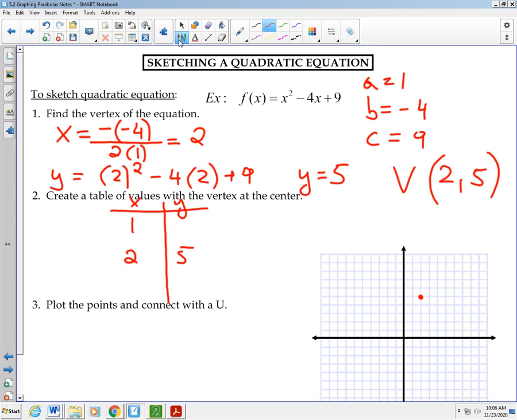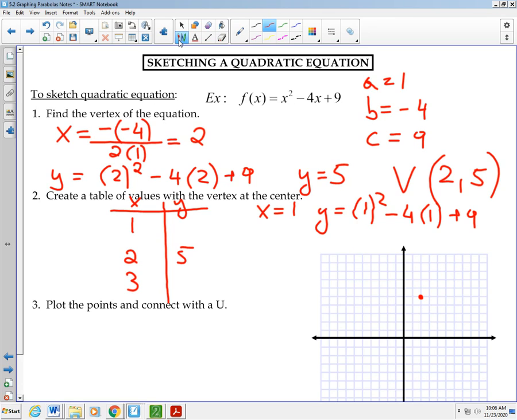y will be equal to 1 squared minus 4 times 1 plus 9. Okay, 1 squared is equal to 1. Negative 4 times 1 is negative 4. So 1 minus 4 is negative 3.